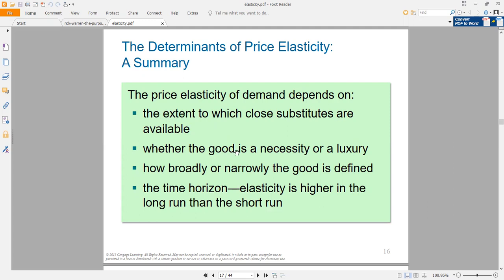Is it a necessity or a luxury? If it's a luxury, it becomes more elastic than necessities. And then whether the good is broadly defined or narrowly defined. If it's narrowly defined, it becomes more elastic. And then the time horizon. Elasticity is higher in the long run than in the short run. So these are the determinants of price elasticity of demand.